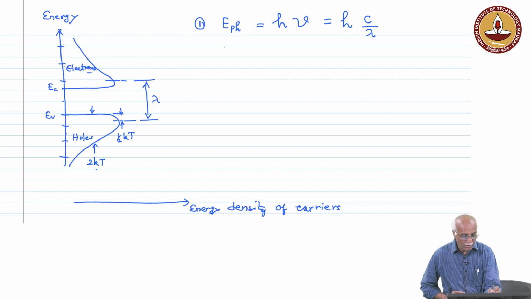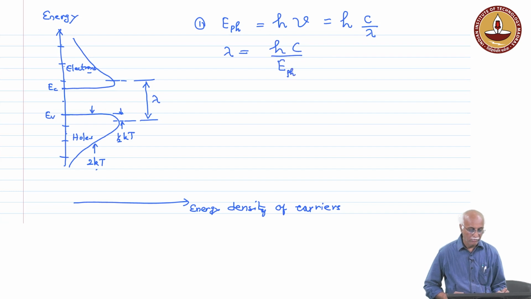So lambda can be given by h c divided by E_ph, the photon energy. Sorry, I made a mistake earlier.